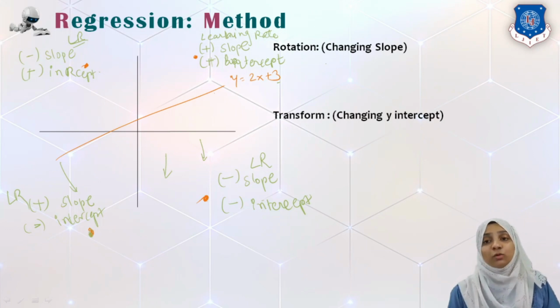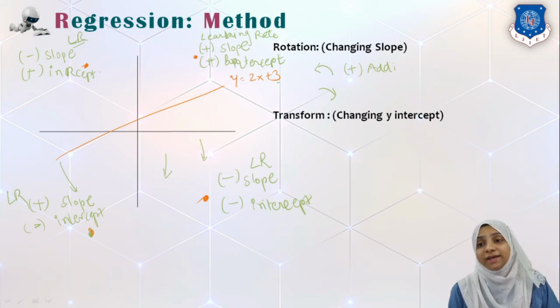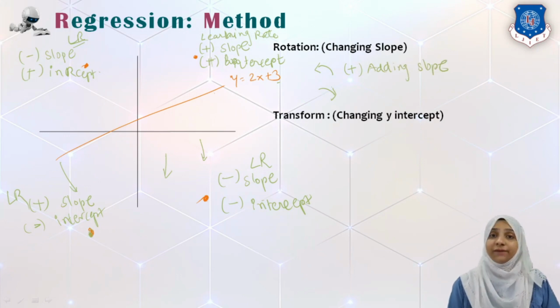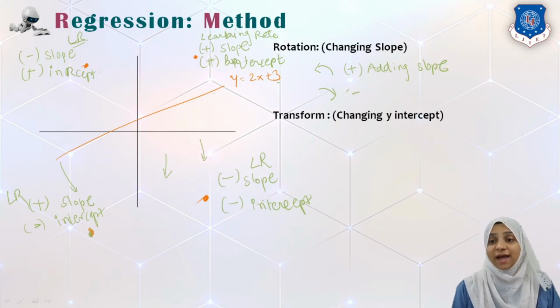So we have two rules: we can transform our line anti-clockwise or clockwise. Whenever we are rotating anti-clockwise, we are adding some slope. And whenever we are rotating clockwise, we have to decrement our slope.